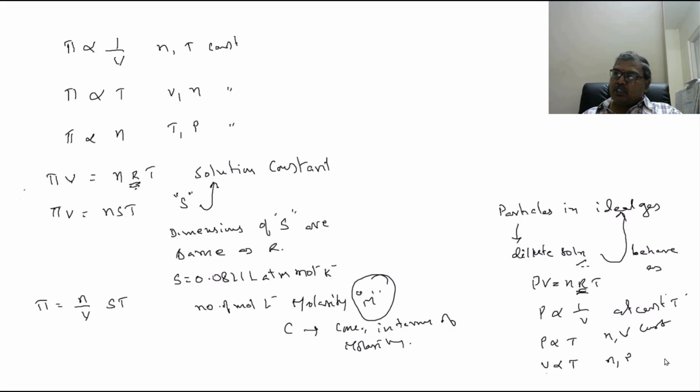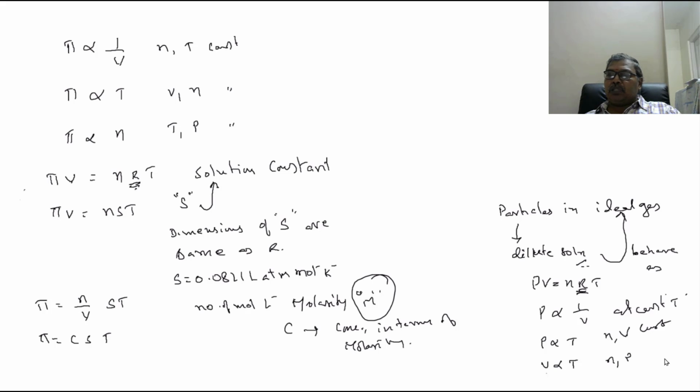Concentration means in which units? It is moles per liter. So generally you say pi is equal to C S T, where C is concentration. If you want to express units also, then you say concentration of solution in moles per liter.